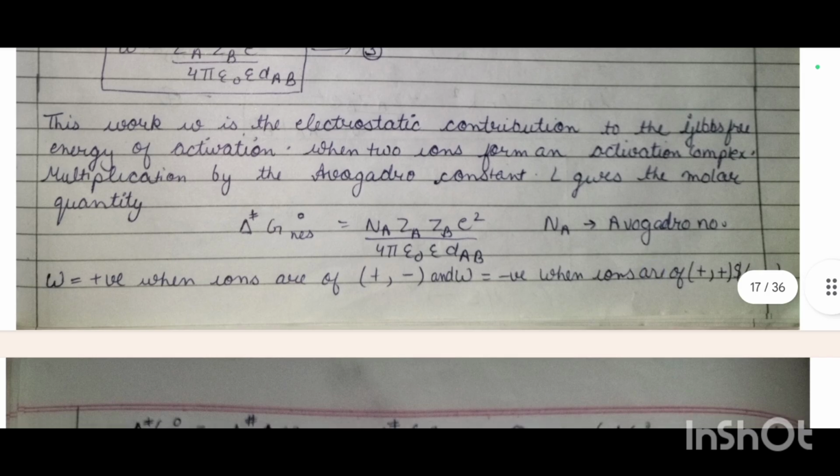And delta G naught is equal to N A ZA ZB e square divided by 4 pi epsilon naught epsilon dAB.